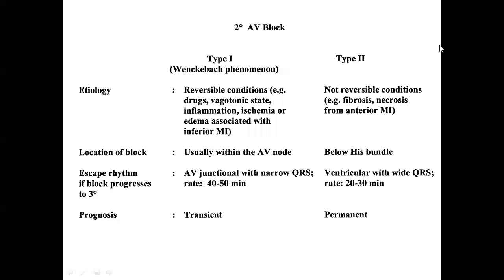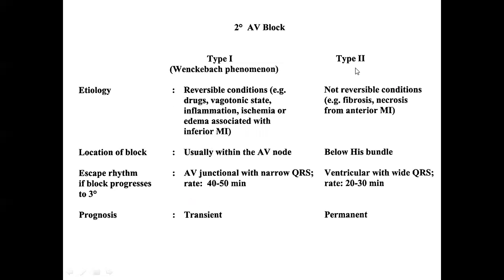Now we know why. Type 1 is due to reversible conditions, and the location of the block is within the AV node. When they progress to complete AV block, the junction will escape at about 40 or 50 per minute, and it's going to be transient.